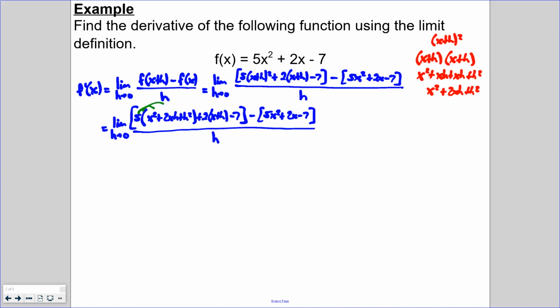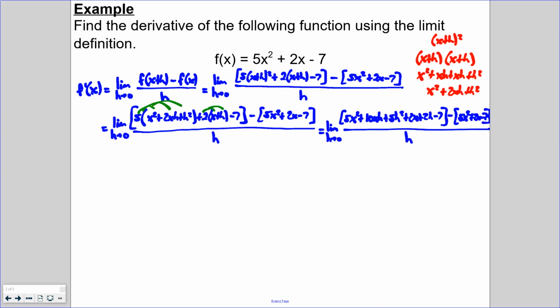So now we're going to distribute the 5 in, we're going to distribute the 2 in, and that's going to give us 5x squared plus 10xh plus 5h squared plus 2x plus 2h minus 7. And then minus 5x squared plus 2x minus 7, all over h.